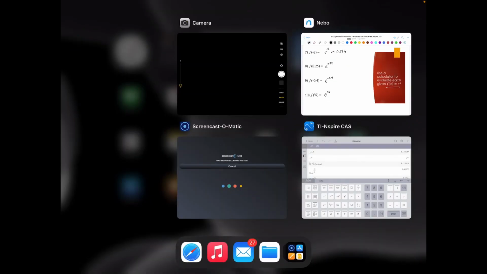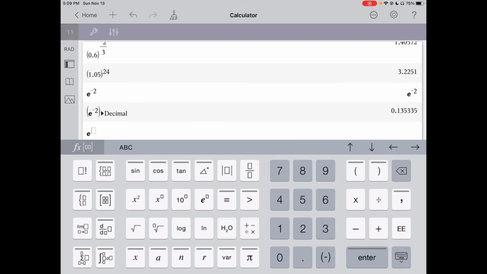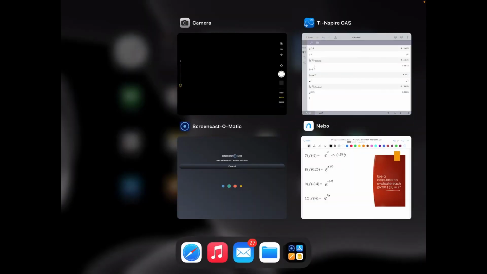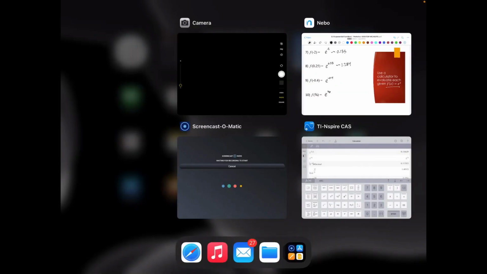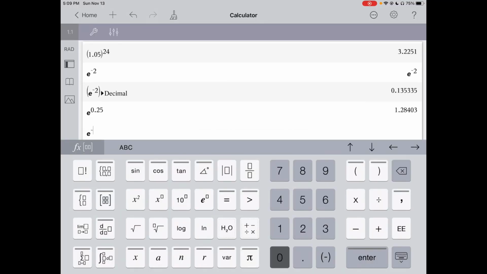Okay, e to the 0.25, hit enter. This time it did give me the decimal. That's interesting. I wonder if it's the negative that did it. 1.284. So 1.284. e to the -0.4. Let's see what happens here. -0.4. Hit enter. Looks like it's 0.670. Approximately 0.670.